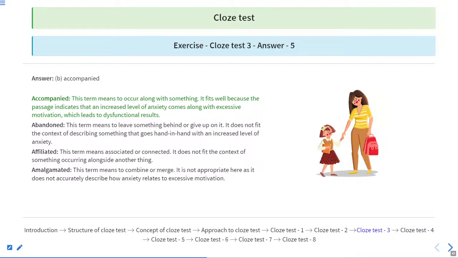It does not fit the context of describing something that goes hand in hand with the increased level of anxiety. It cannot be affiliated because this term refers to something which is associated or connected. It does not fit into the context. It cannot be amalgamated, which means to combine or bring together. It is not appropriate in the current expression.